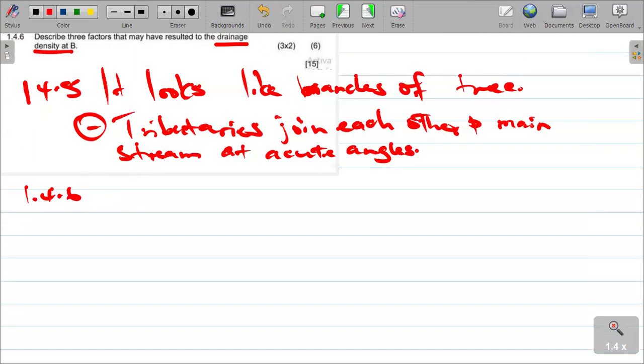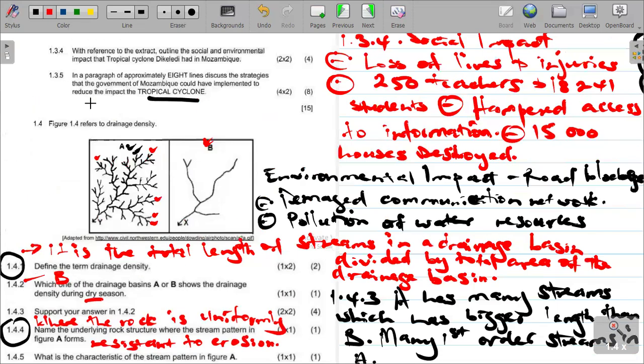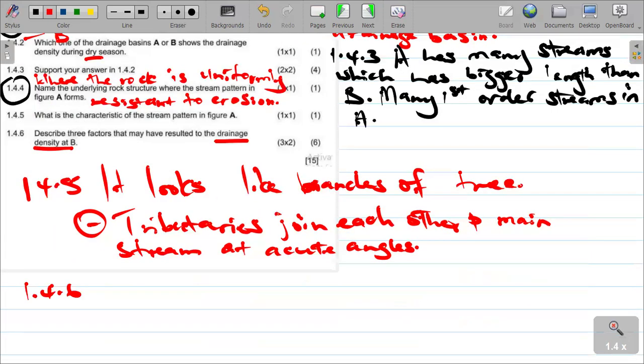We are looking at B. What might have caused it? What you need to understand is that it might have been caused by, one, the rock type and permeability.